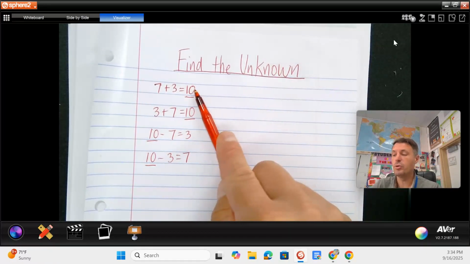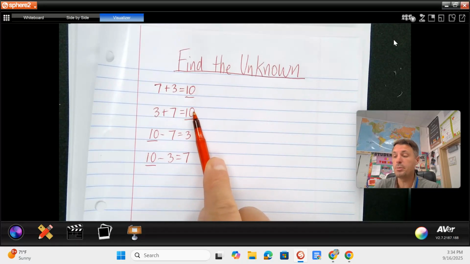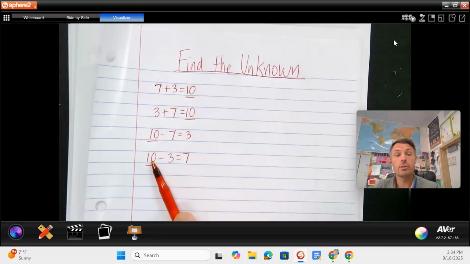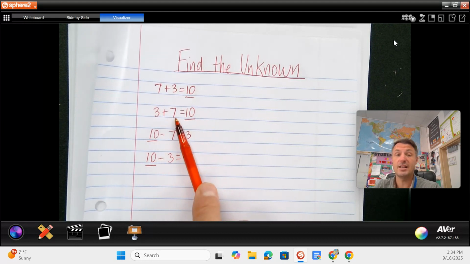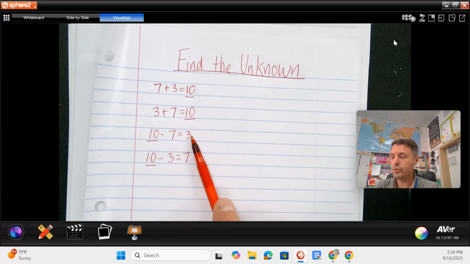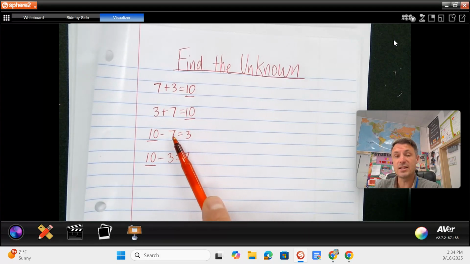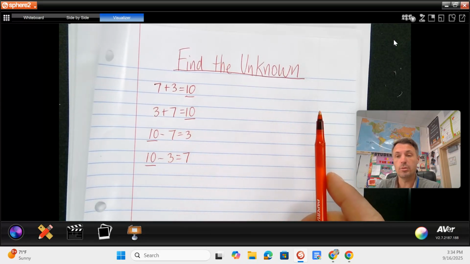So the number that's all the way on the right in both of the addition problems goes all the way to the left for both of the subtraction problems. And the same 2 numbers that flip-flopped as the addends in the addition problem flip-flop as the subtrahend and the difference in the 2 subtraction problems.